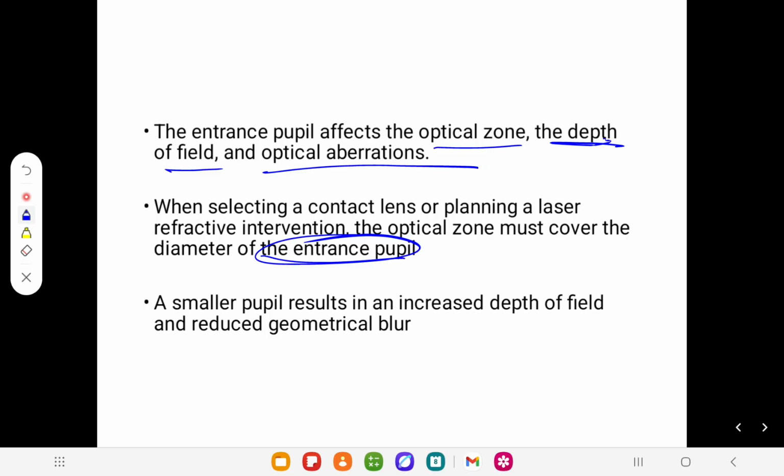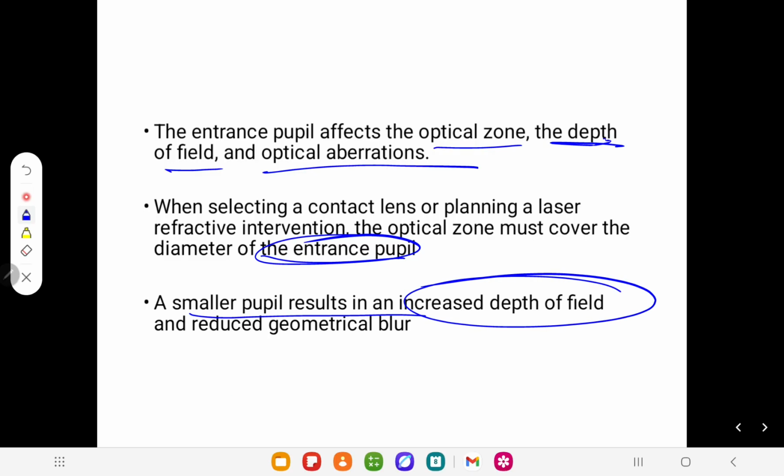Why is it important? Because if pupillography shows the pupil is very large in dark conditions, then we understand it needs a larger back optic zone diameter or larger ablation diameter.